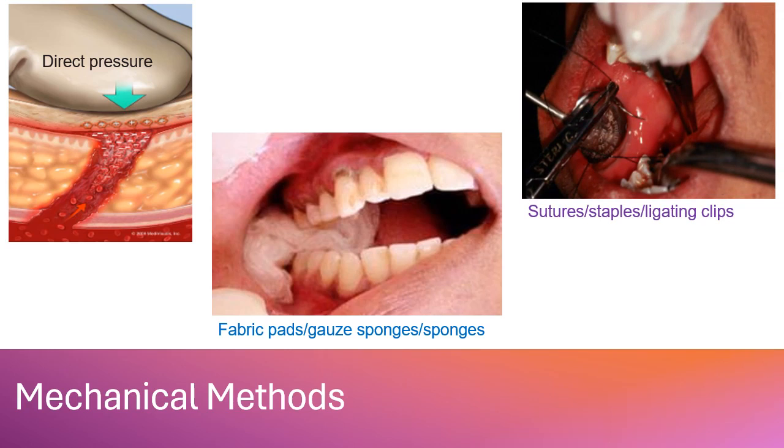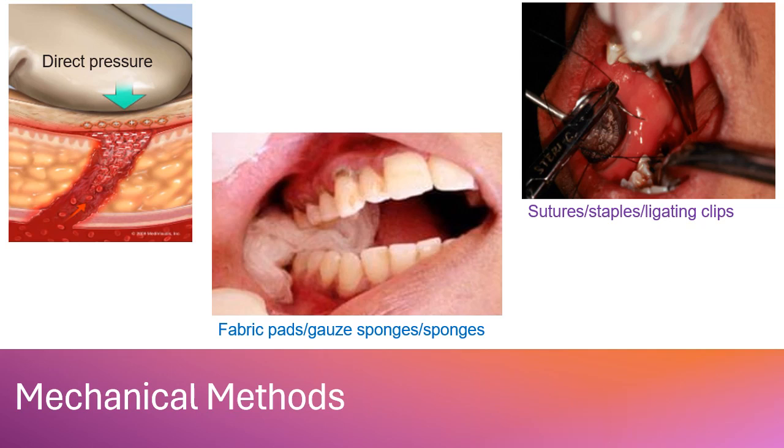The use of fabric pads or gauzes or sponges in applying the direct pressure and packing a body cavity where the bleeding occurs. It is pertinent that the number of sponges used should be counted before placing and while removal, because this is just a temporary measure, and any sponges or gauzes or fabric pads which are left in situ at the bleeding site may lead to foreign body reaction later on.